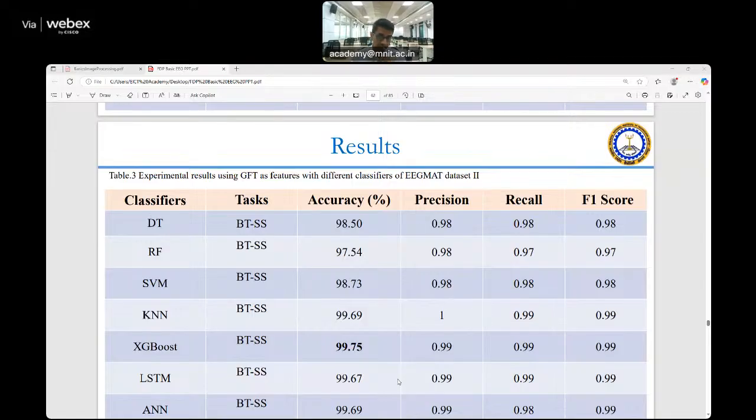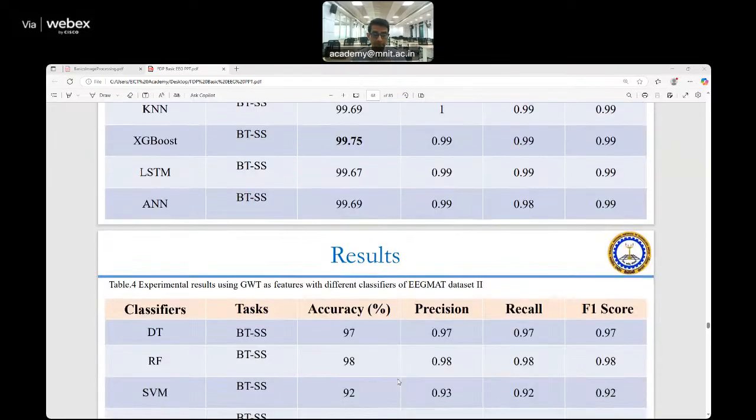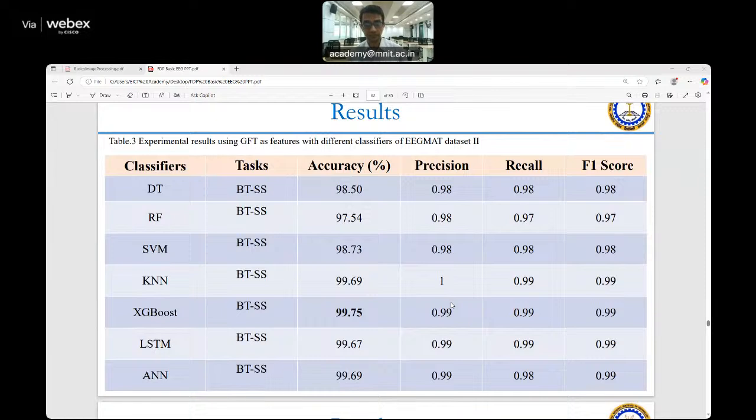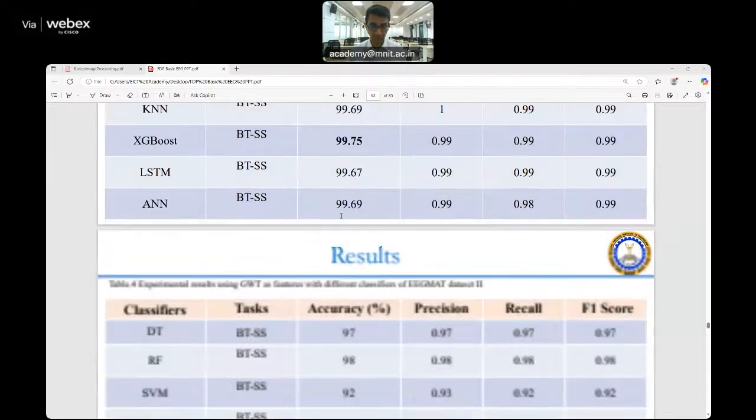This is a different data set. What we have shown is GWT used as features on data set one, and GFT used as features on the EEG-MAT data set two. So there we have calculated.